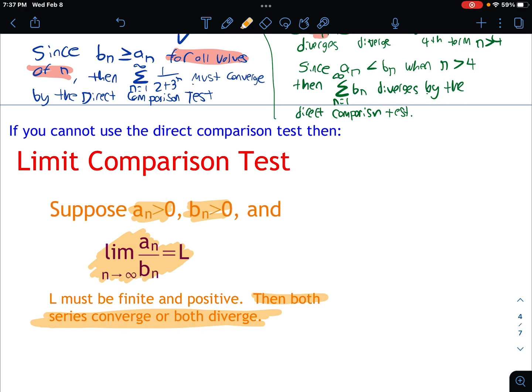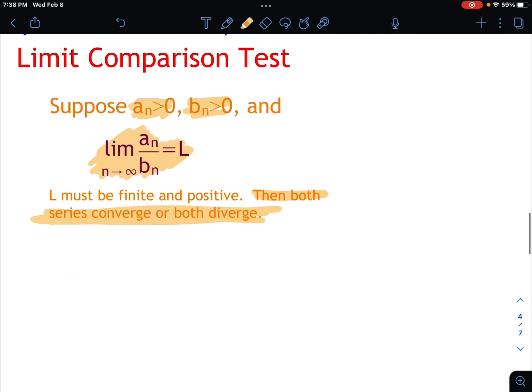If it diverges and the limit when you divide them exists, then they both diverge. And if one converges and you also get a finite positive number, then both must converge. So you want to pick basic ones that you know, like the harmonic or a p-series, or something that you've done recently that you know converges or diverges and can prove it.